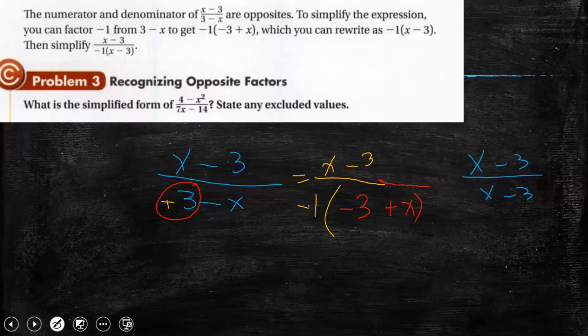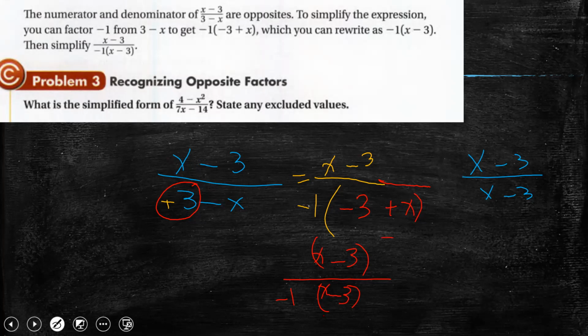Then I have x minus 3 over, let's arrange here, negative 3 plus x. If you change the order, you write them as x minus 3. It is the same, is it right? If you put the x first and the negative 3 at the last, they are the same.